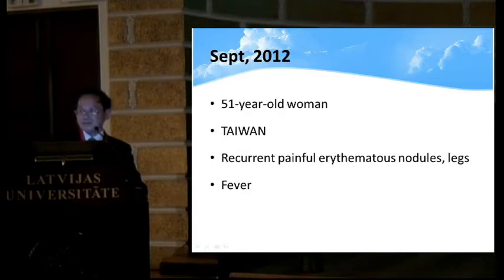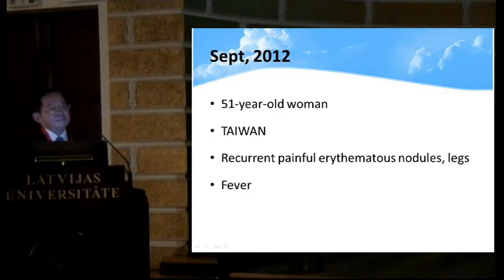Finally, to make the story short, she did have a typical disseminated non-tuberculous mycobacteria infection, and she also has the anti-interferon gamma autoantibodies.